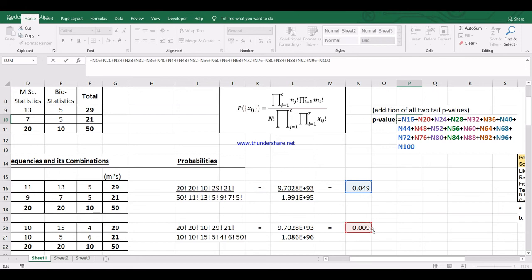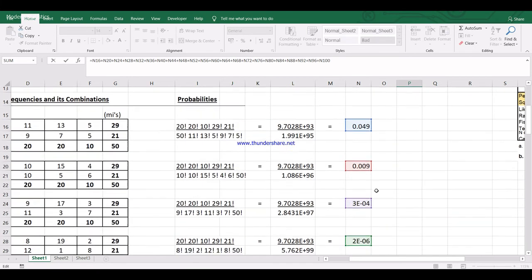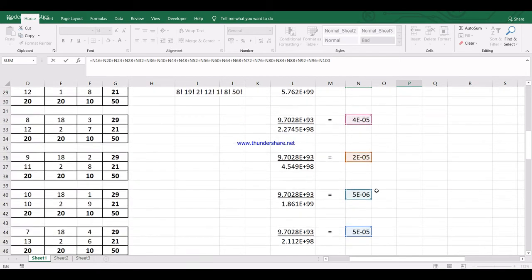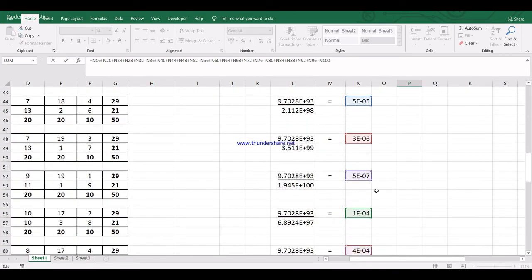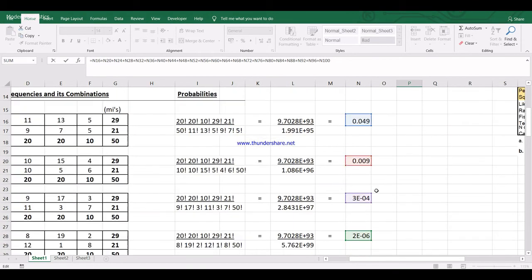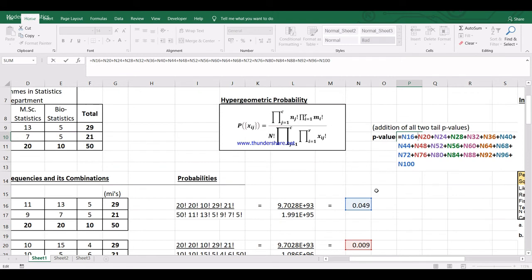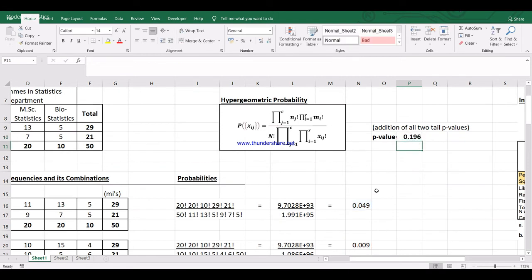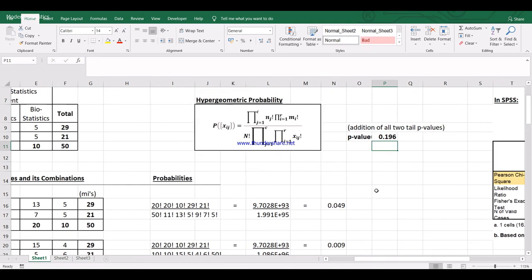So let's take the p-value of this first combination, that was 0.009, which is less than 0.049. So I can add this. Similarly, I can add all the p-values which are less than the p-value of the original data, and my p-value estimate turned out to be 0.196.